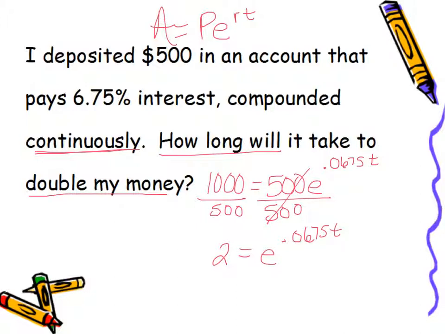So now we're ready to switch forms. Since it's base e, I'll have the natural log of 2 equals my exponent. The natural log of 2 is something I just type in my calculator, and I divide both sides by 0.0675.